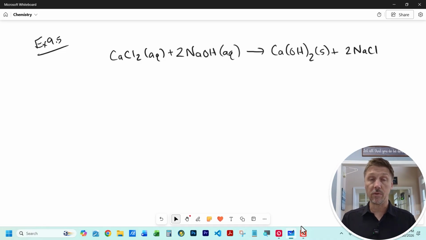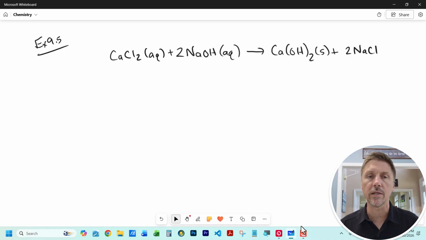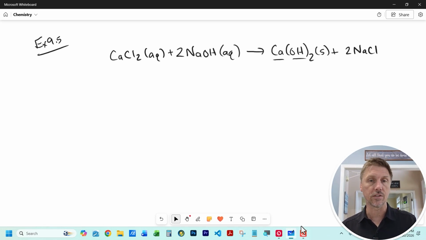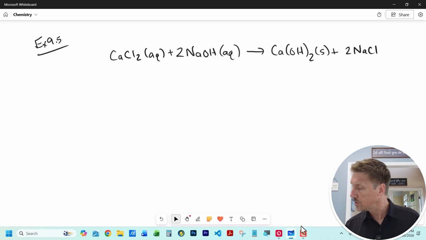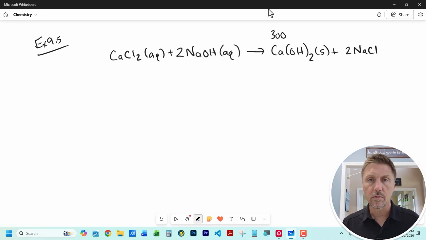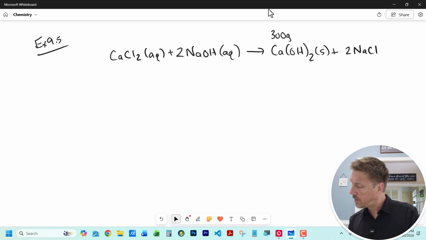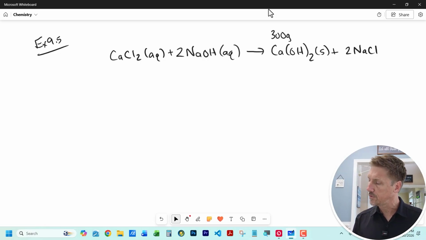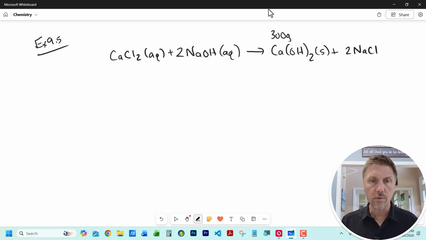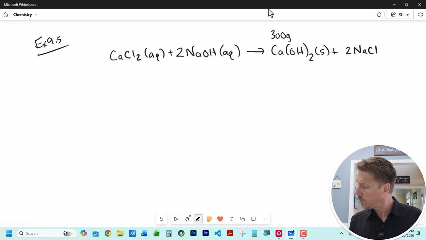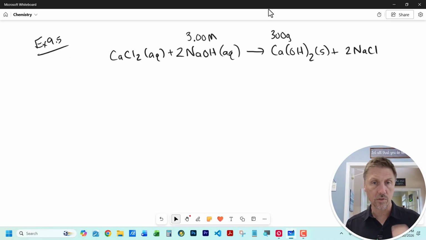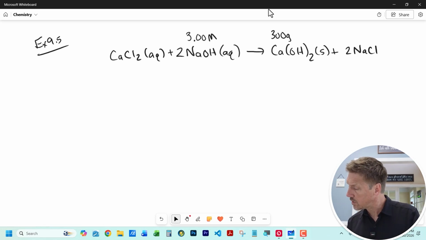Now, calcium hydroxide, you have to be able to identify that in the chemical equation, right? The one that begins with calcium and has the hydroxide polyatomic ion in it is this first product that is a solid. And so we're going to put 300 grams over that. And what they want to find is, they said that we have a 3.00 molar solution of NaOH, sodium hydroxide.